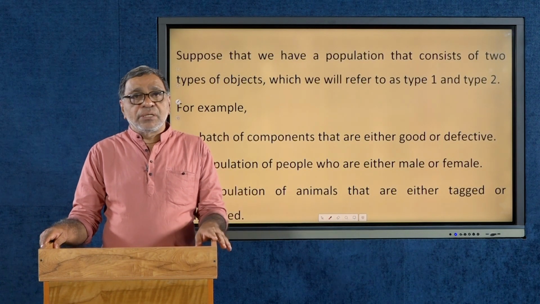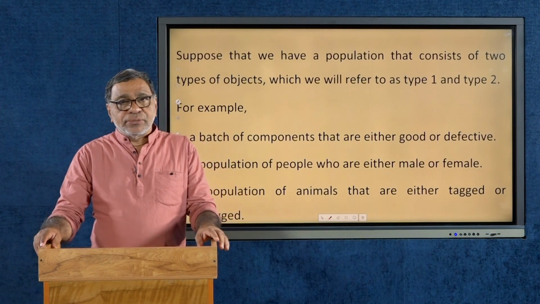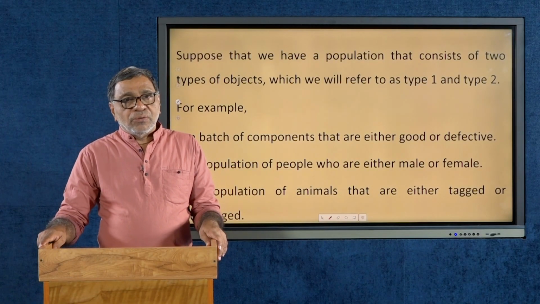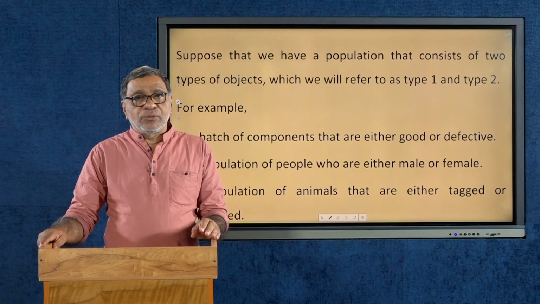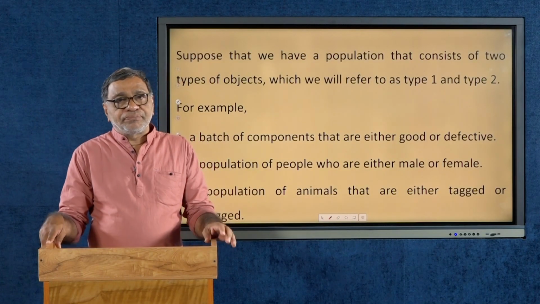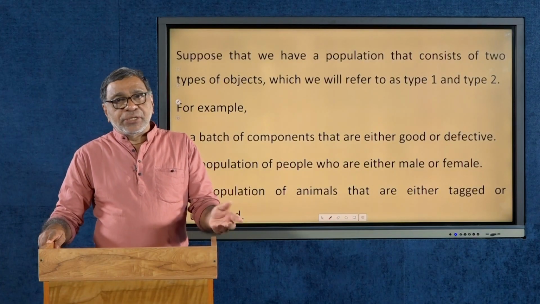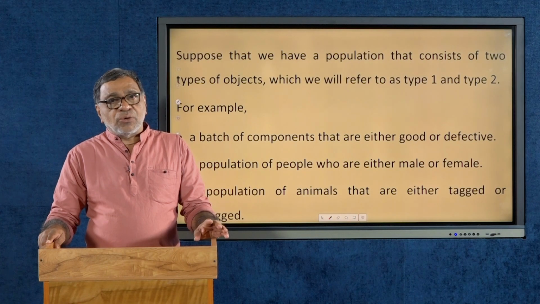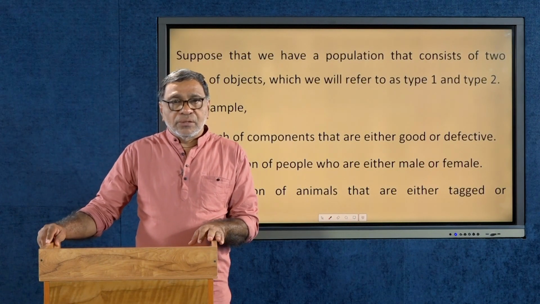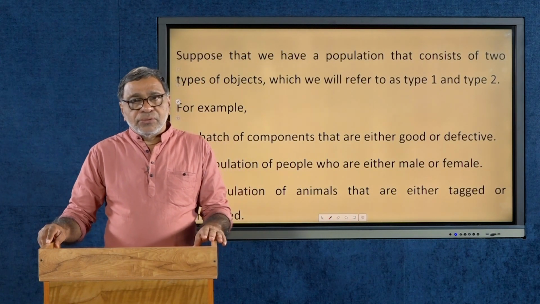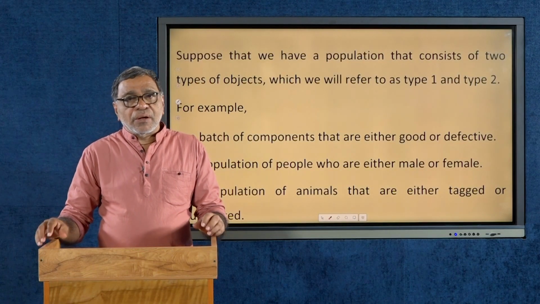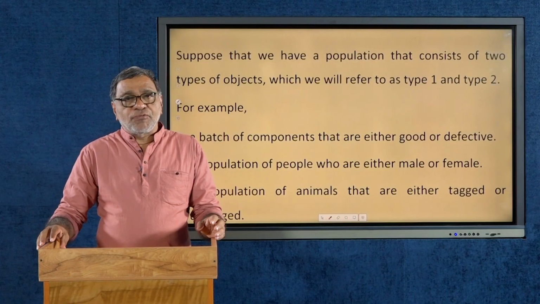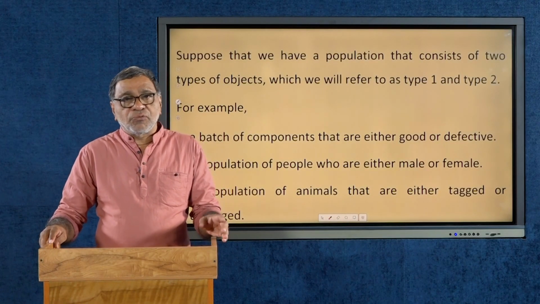For example, a batch of components that are either good or defective, or a population of people who are either male or female, or a population of animals that are either tagged or untagged. Or suppose we have a box containing two types of balls, with the colors white and black.